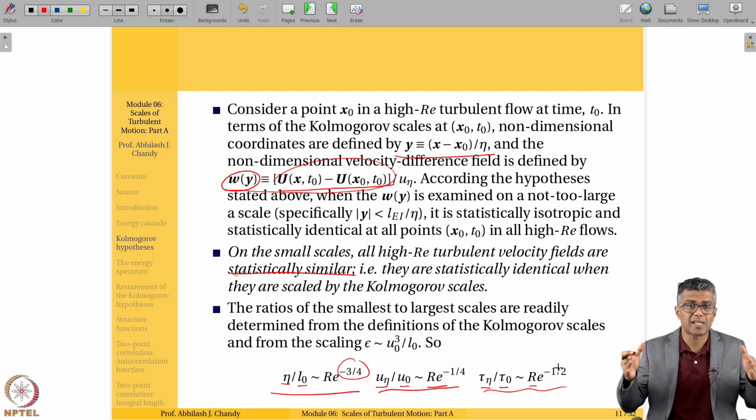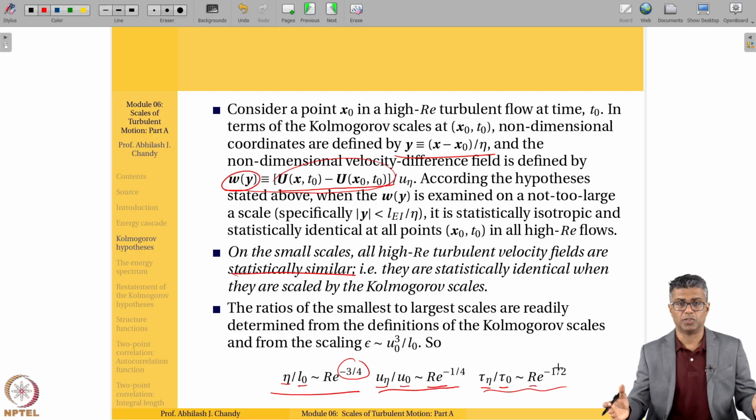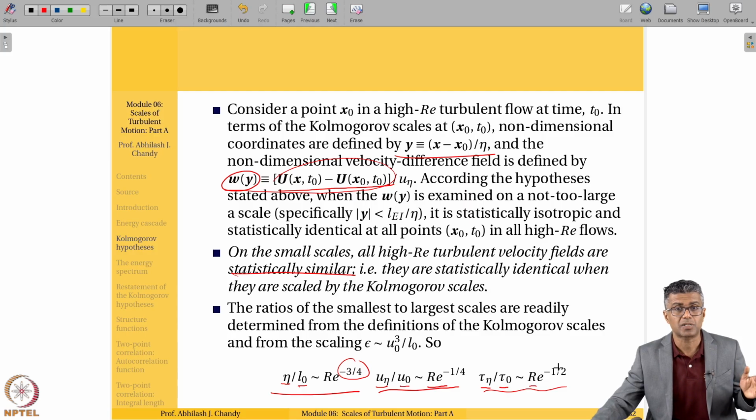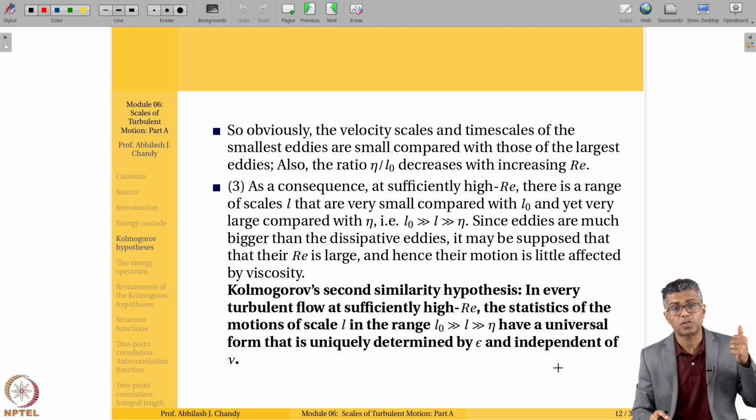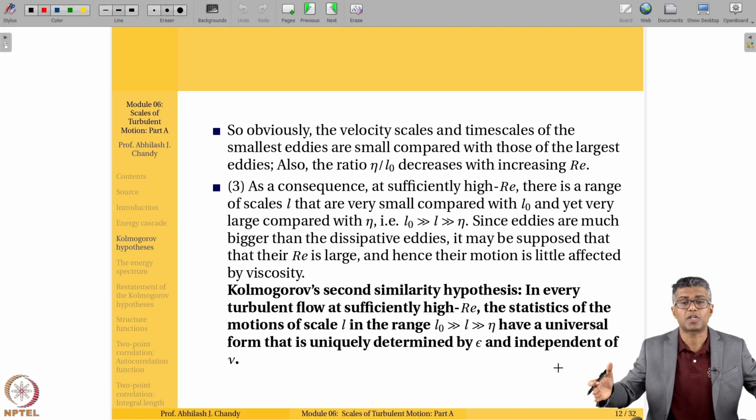So there's a large separation between the smallest and largest length scales, velocity scales, and time scales. That's the biggest takeaway here, isn't it? In addition, as the Reynolds number keeps increasing, this separation keeps on widening.